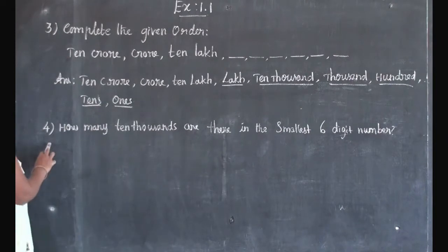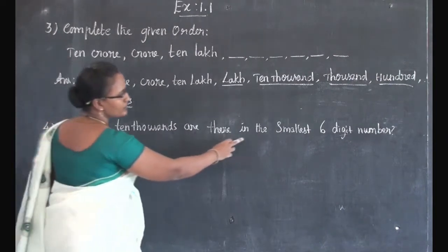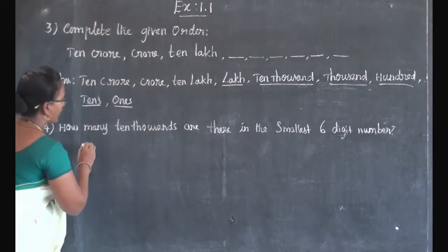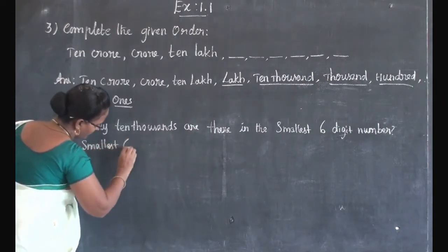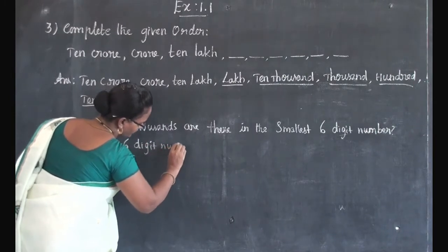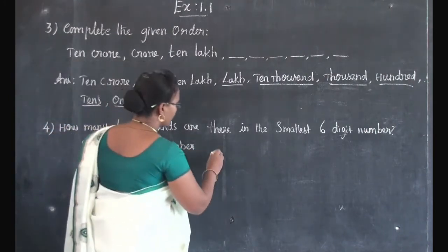And then the fourth question. How many 10,000s are there in the smallest 6-digit number? First, write down the smallest 6-digit number. Smallest number means first digit 1.